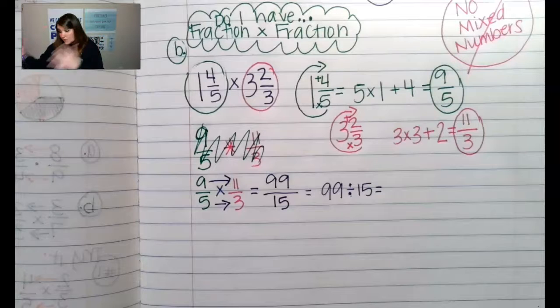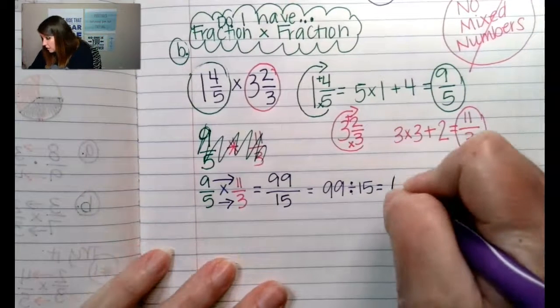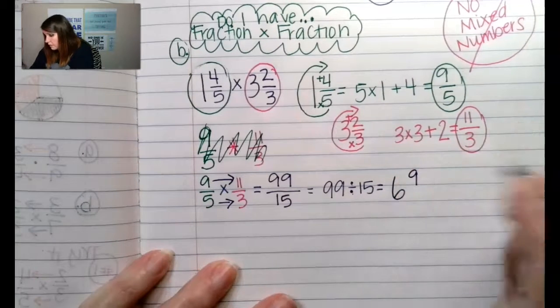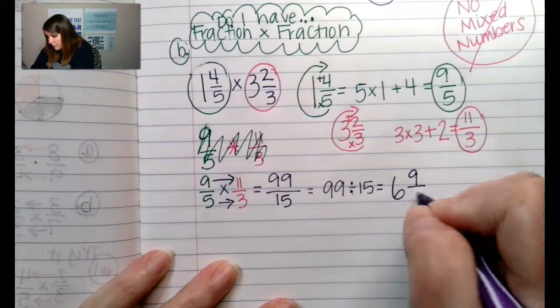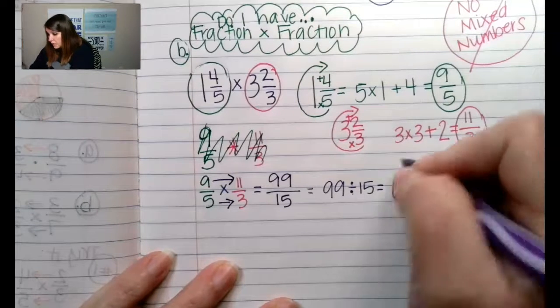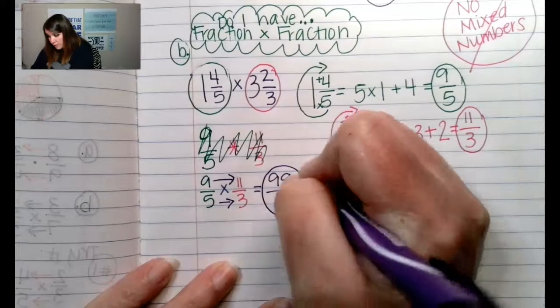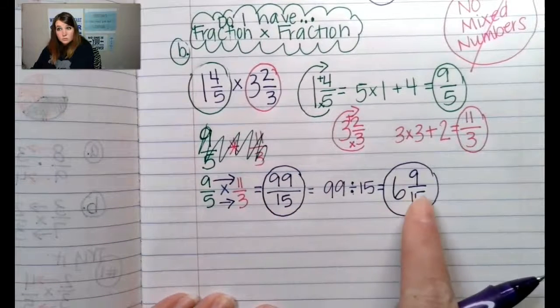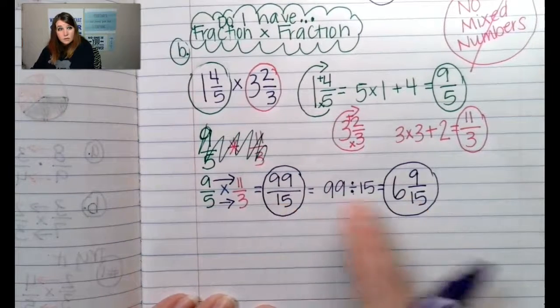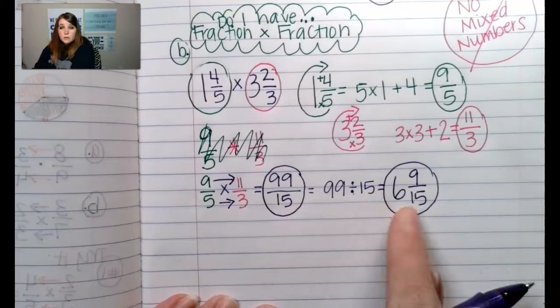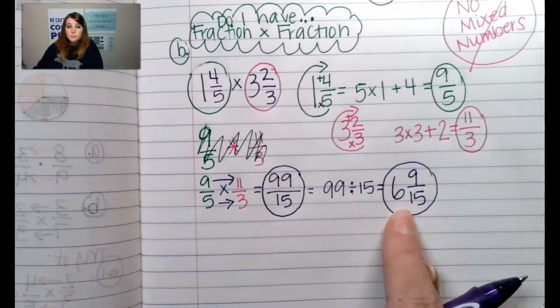So that's 6. Okay, so that gives us 6 with 9 left over. 9/15. Okay, so you could have left it at 99/15 if you didn't want to do all of this. Either one of those would have been an appropriate answer.